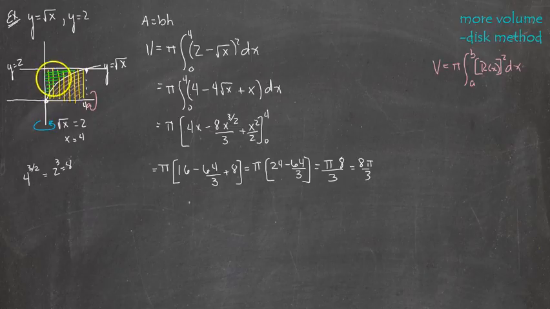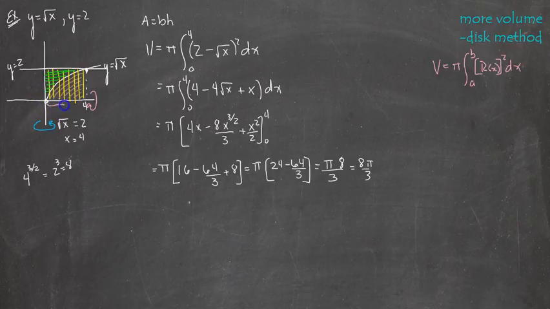I would have gotten an entirely different solid. Around the x-axis, I would get this kind of cylinder with a parabolic hole cut in it, but on the y-axis, I would get one of those trumpet shapes. And I would have to make some changes to my formula.